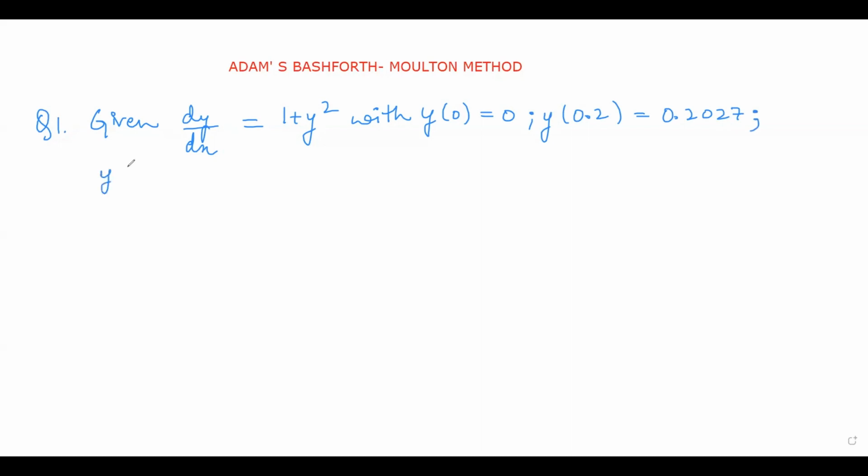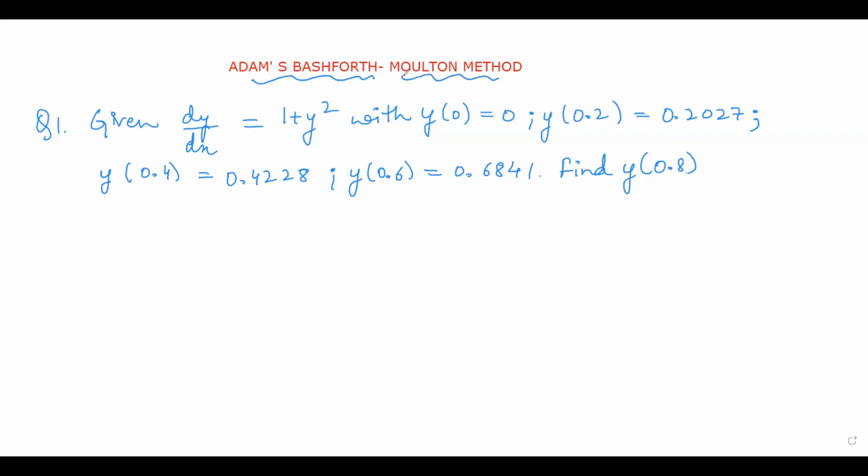Next, y at 0.4 is 0.4228. At 0.6 is 0.6841. So we need to find the value of y at 0.8 using the Adams-Bashforth Moulton method.